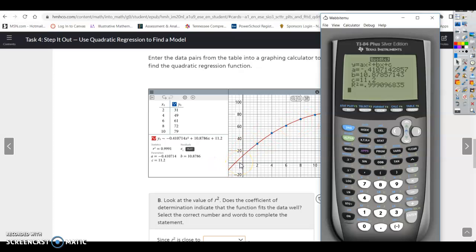All right, if you want to see that on your calculator, I'm not sure this goes through how to do this, but I'm going to show you. This gives you an equation, and if you want that equation drawn on your graph, because all we had was scatter plots, here are the steps. So you may want to write these down as well. Click VARS and go down to 5, which is statistics.